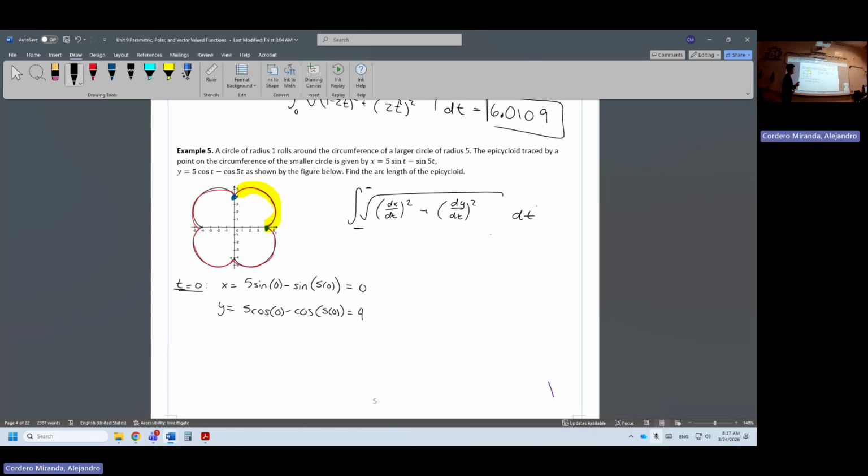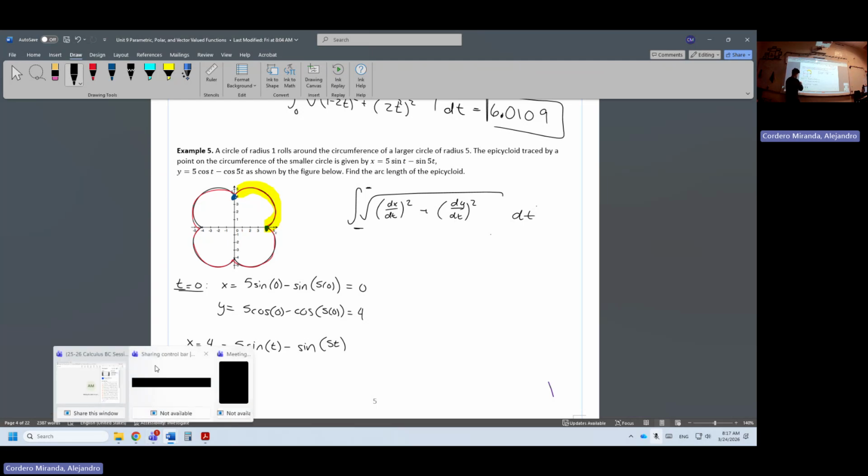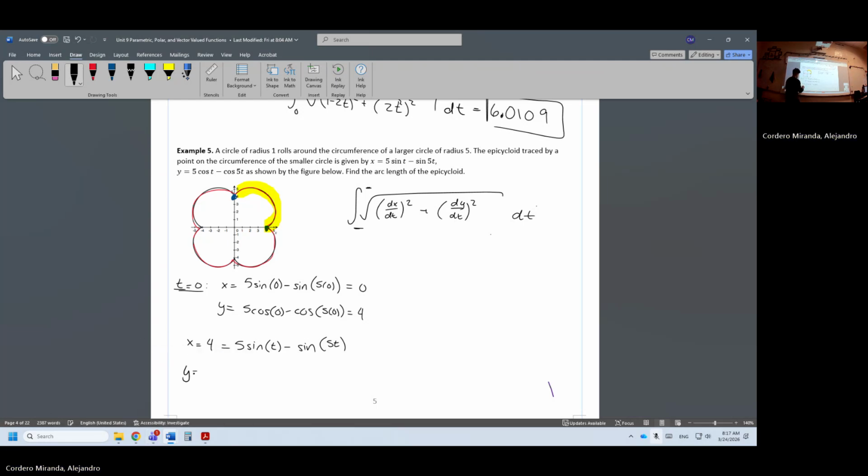But what I did is I said, okay, I need x to equal 4. In other words, I need this equation to equal 4. And I need this equation, the y equation, to equal 0. So I need 5 cosine of t minus cosine of 5t to equal 0.